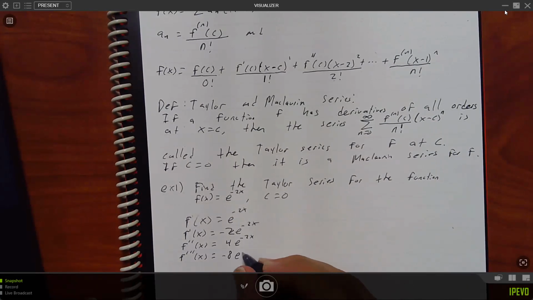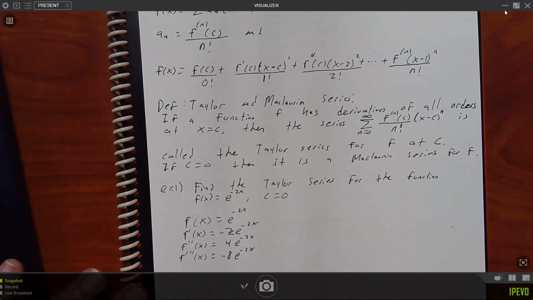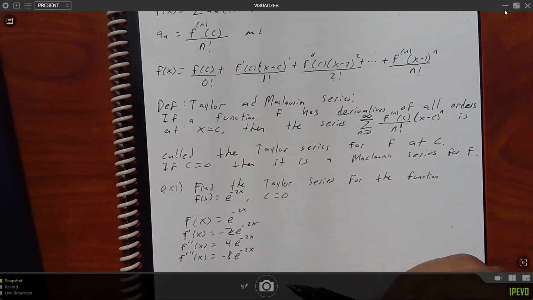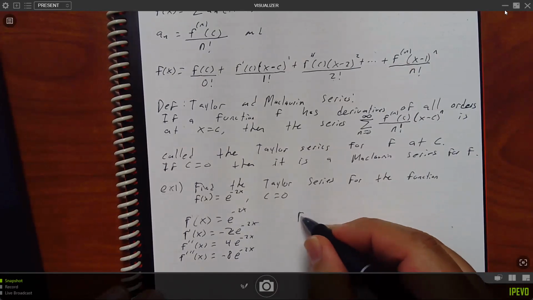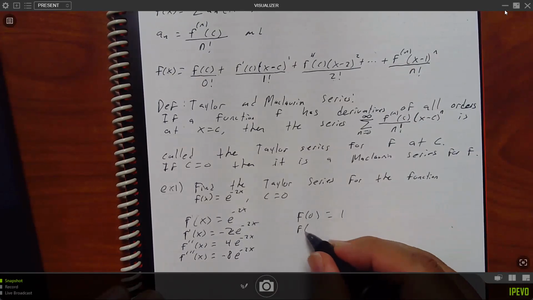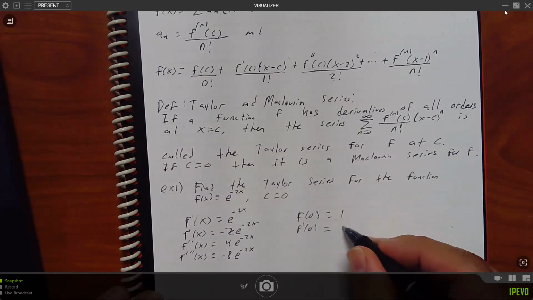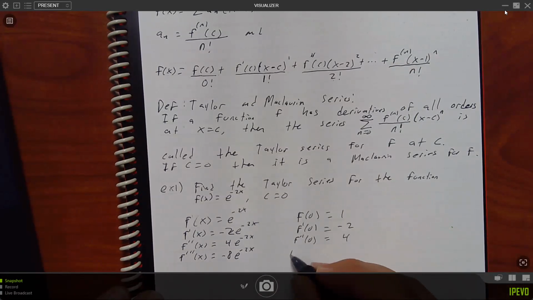Do you see the pattern? For sure we've got to incorporate an alternating part. And we also see powers of 2, so we're going to make sure we have a 2 to the n or something. We'll do that in just a moment. So now I'm plugging in the 0. We're going to get 1, right? First derivative will give us negative 2. Second derivative will give us 4. Third derivative at c will give us negative 8.